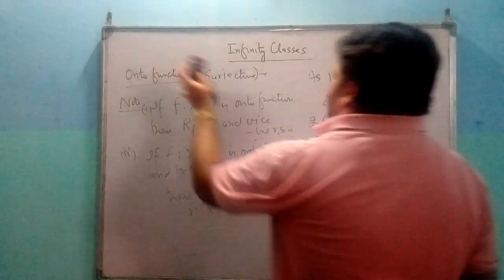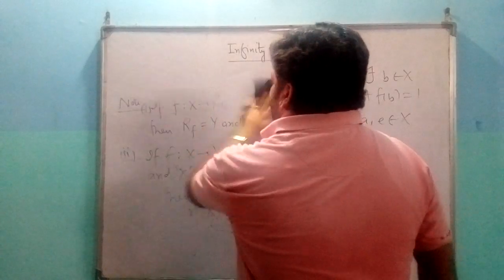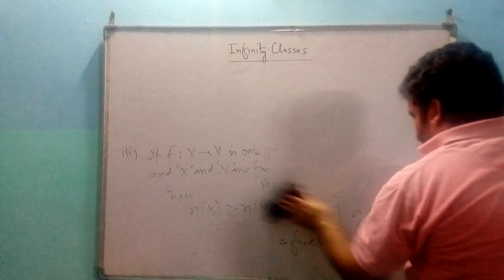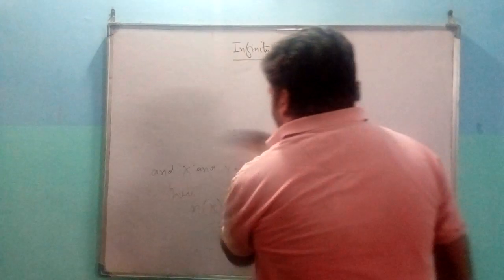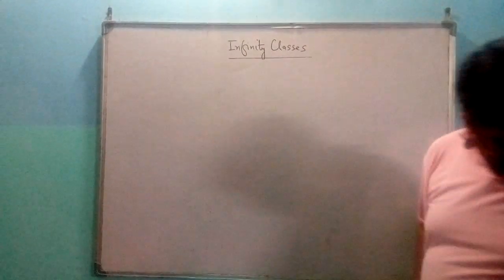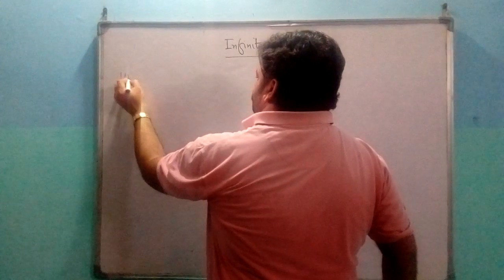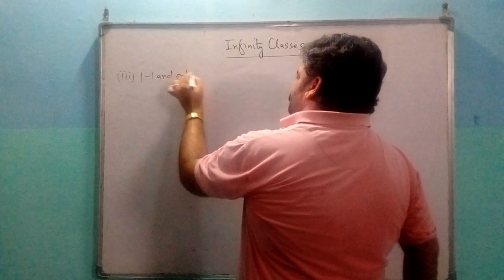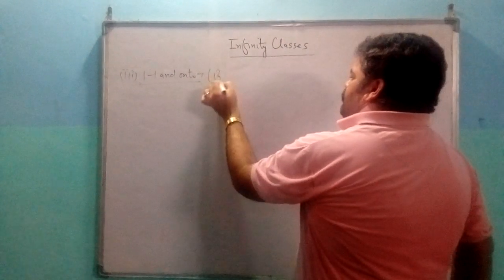So next definition is one and onto. Bijective function.